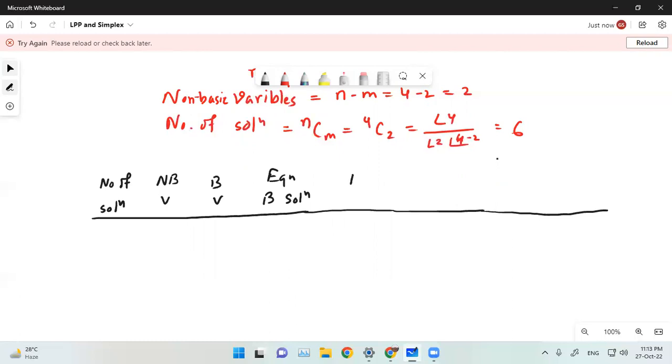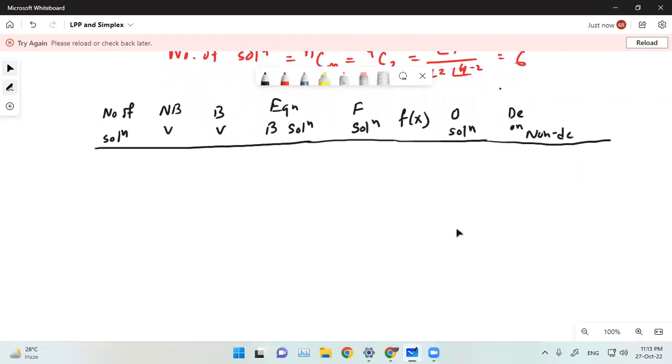Then we have the optimal solution, the magnitude of f(x). Then optimum or not, then degenerate or non-degenerate. Since we have limitation in space, we are trying to make things in a smaller space.